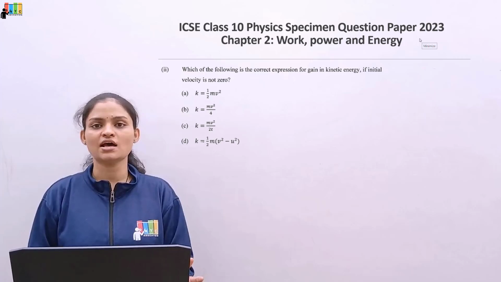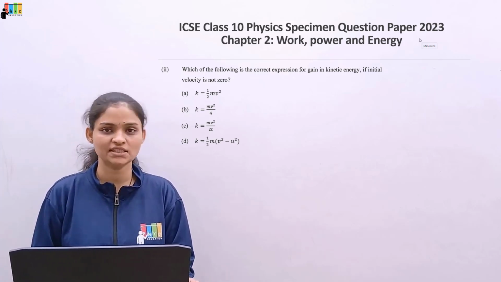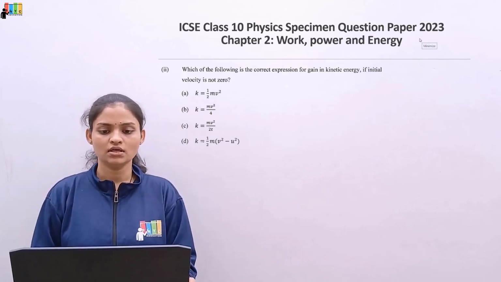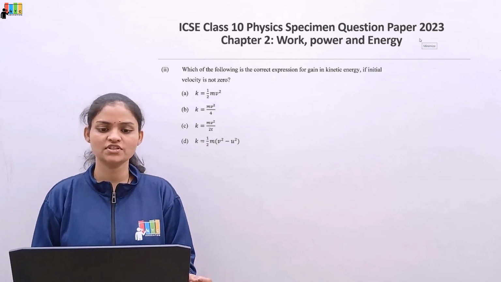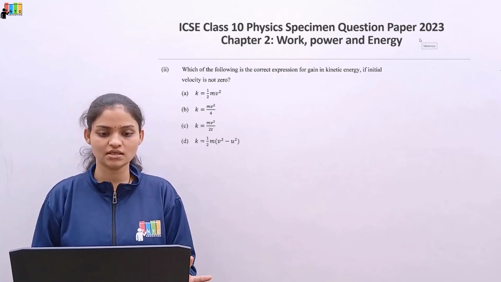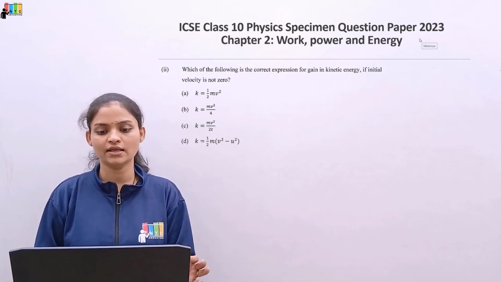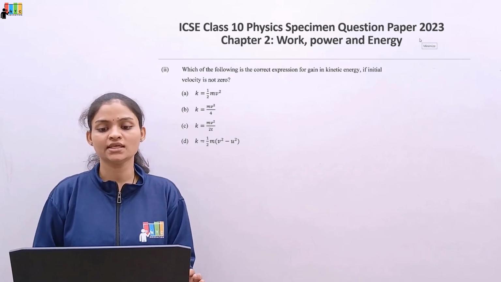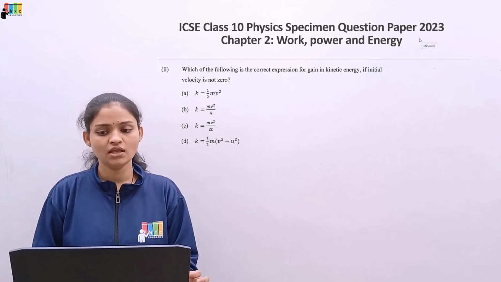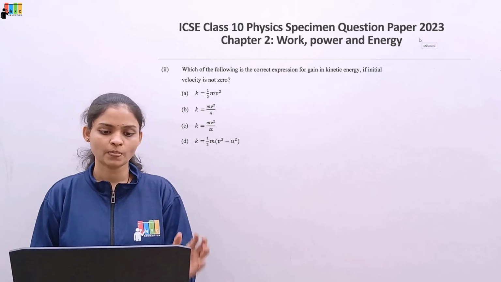MCQ based questions are conceptual, so if your concepts are clear, you can score easily. And we will go ahead with chapter 2, that is work, power and energy. You can see the question here. Which of the following is the correct expression for gain in kinetic energy if initial velocity is not zero?